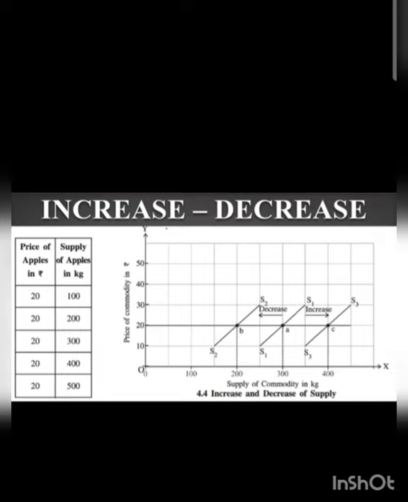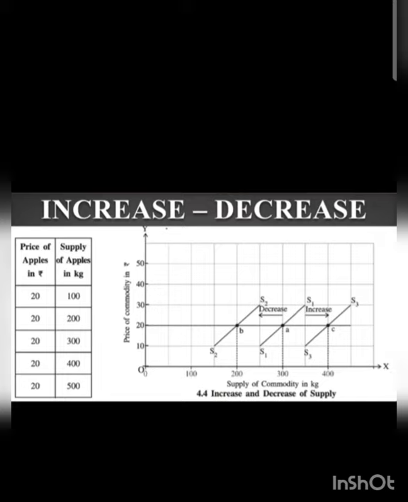Now if the other factors change, it must be in favor of the supply. If it is in favor of the supply, then there will be an increase in the supply. If the opposite happens, if the changes in the factors are against the supply, then there will be a decrease in the supply.